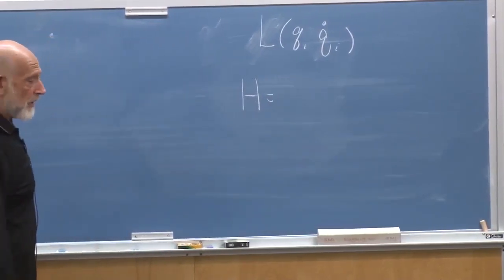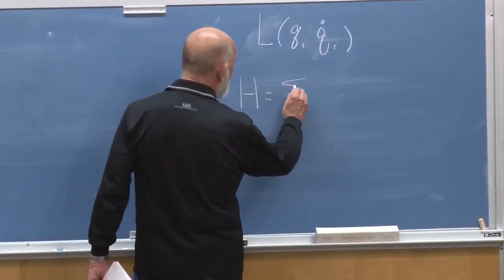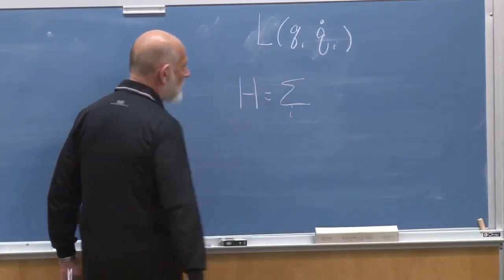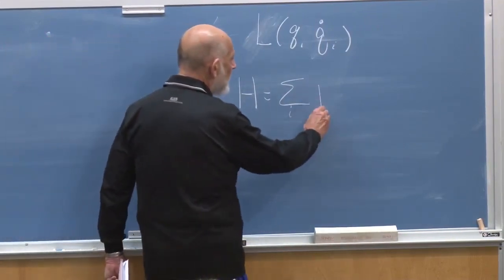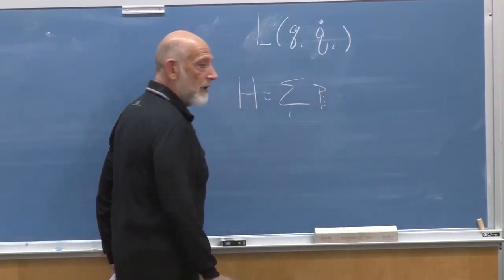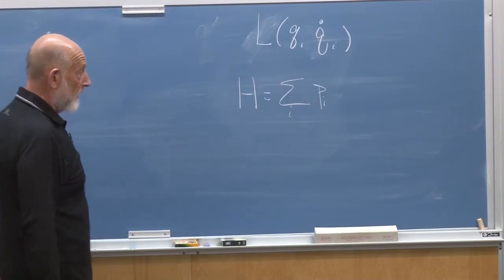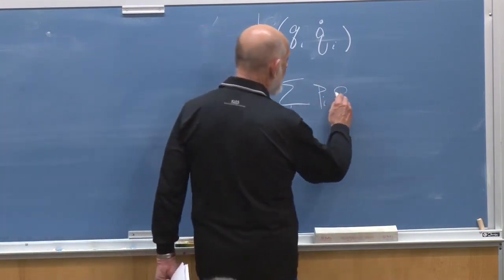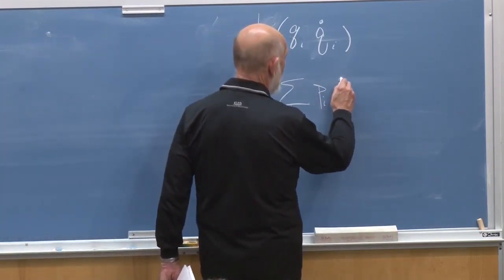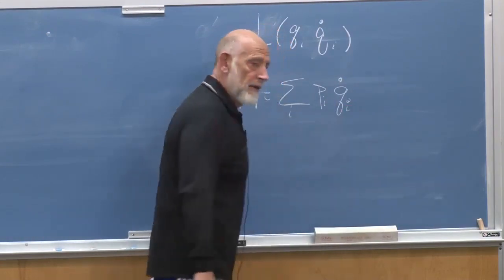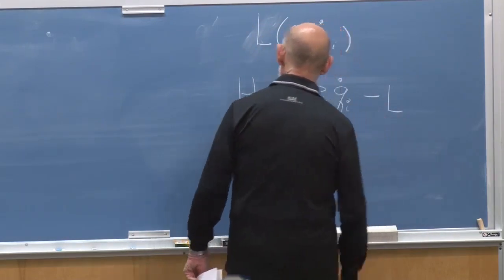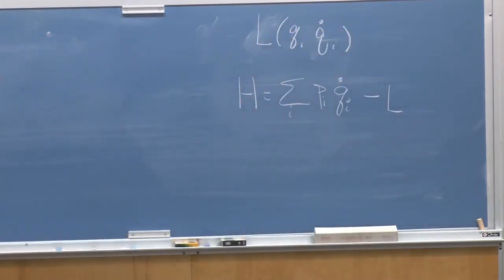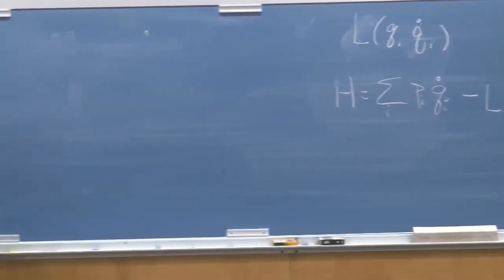Just to remind you, it's given by the sum over all the coordinates, whatever coordinates describe the system, of the canonical momentum conjugate to the ith coordinate times the time derivative of the ith coordinate, minus the Lagrangian. While we're at it, why don't we work this out for the simple case, just to remind you.